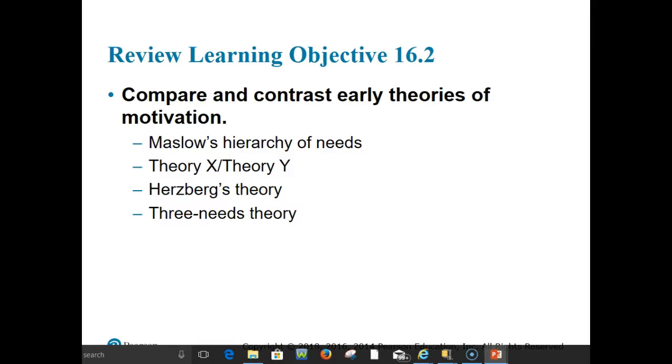Extrinsic factors associated with job dissatisfaction simply kept people from being dissatisfied. The 3 needs theory proposed 3 acquired needs that are major motives in work: the need for achievement, the need for affiliation, and the need for power.